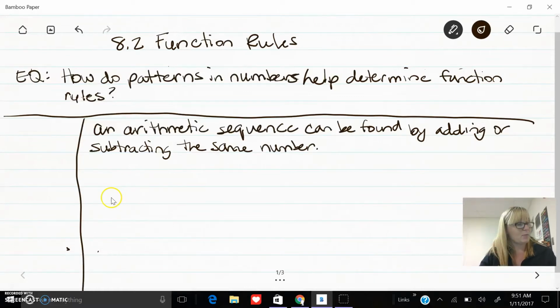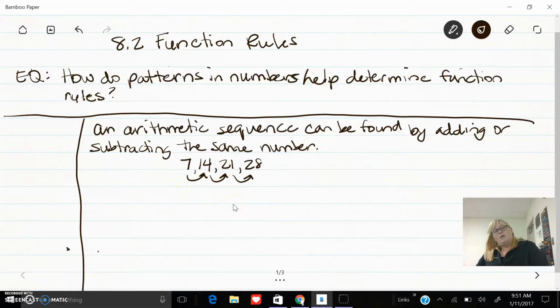All right, an example of that would be, let's say I had these numbers. So here's my list of numbers: 7, 14, 21, 28. Okay, I got to figure out how to get from one to the other. How do I get from 7 to 14?